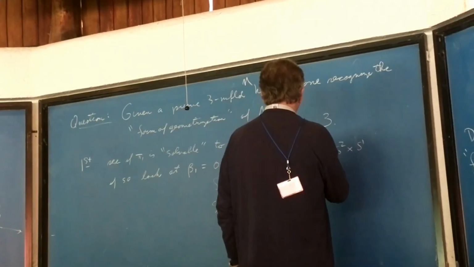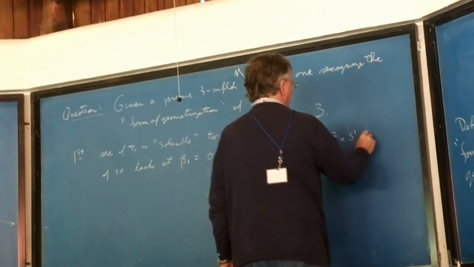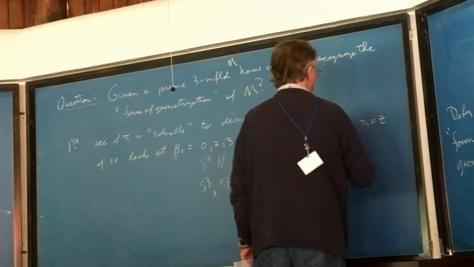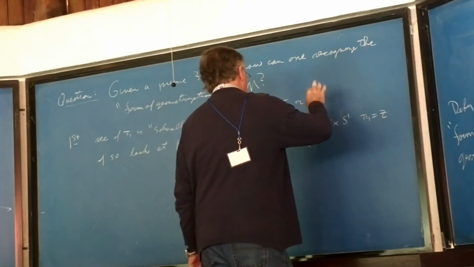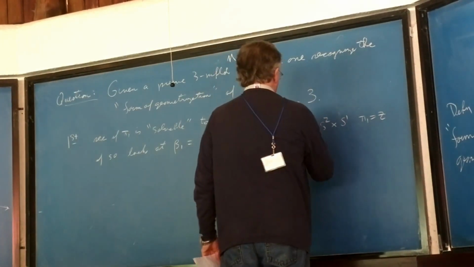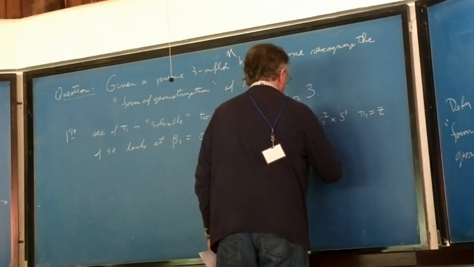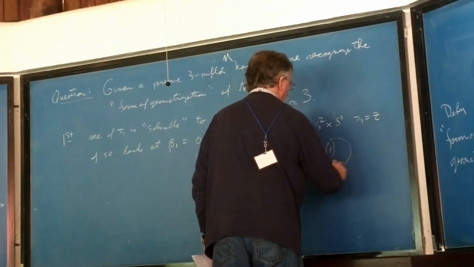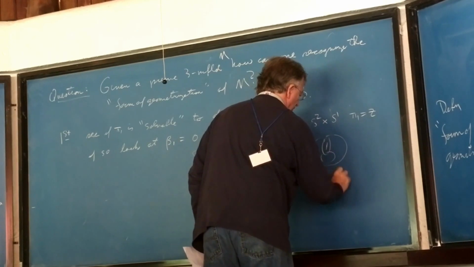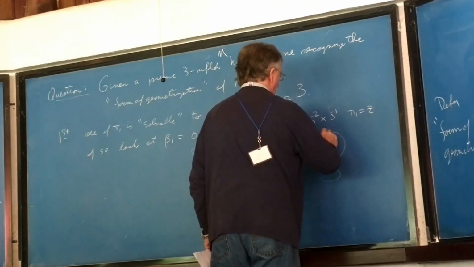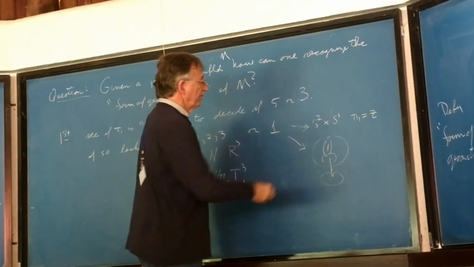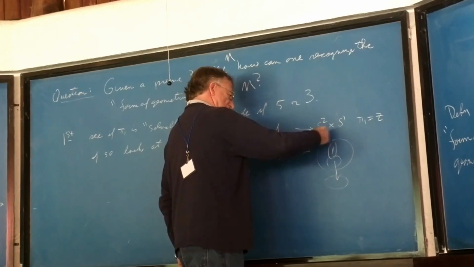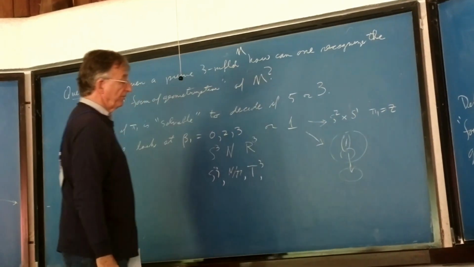And then if the first beta number is 1, this has pi 1 of Z, of course, or it's one of these solvable manifolds, which is like a mapping torus over the circle with a fiber of torus, and the monodromy is a hyperbolic conjugacy class in SL2Z.